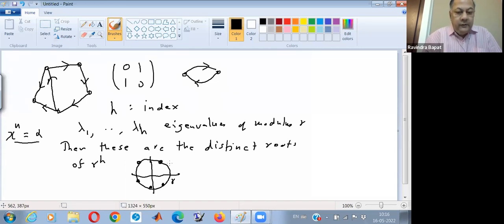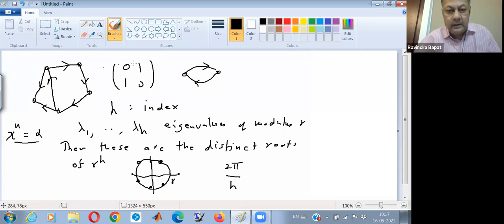So in other words, if you rotate the disk by an angle 2 pi upon h, then you again get the same set. That is the same property, because these are the distinct roots, and using the geometric description of roots of a complex number, we conclude that those are exactly, if you rotate it through 2 pi by h, but not through any smaller angle. So the rotation should be by 2 pi by h. Smaller angle will not do the job.